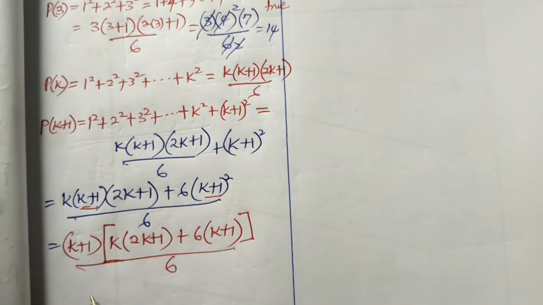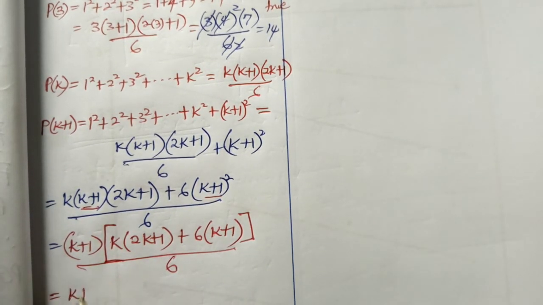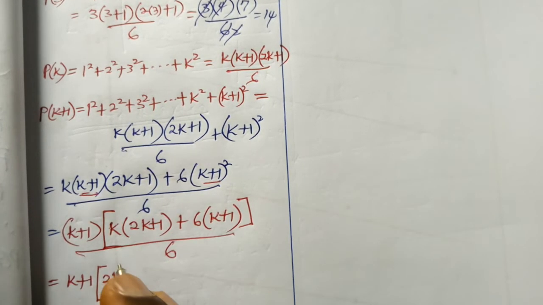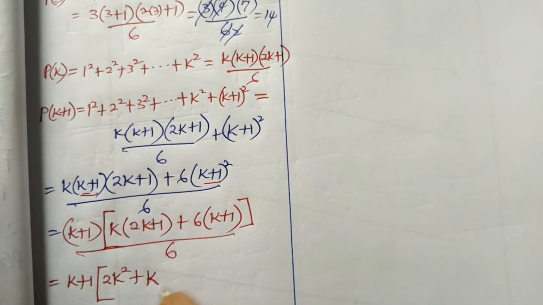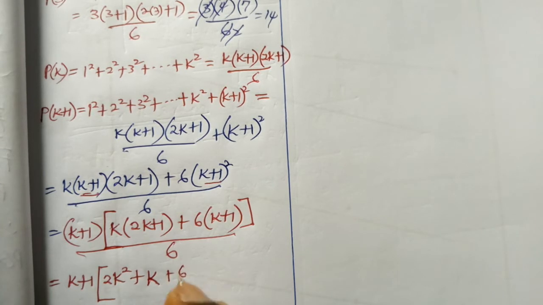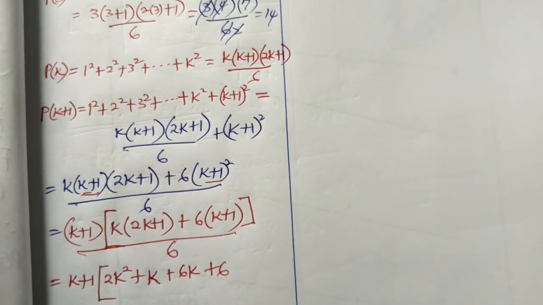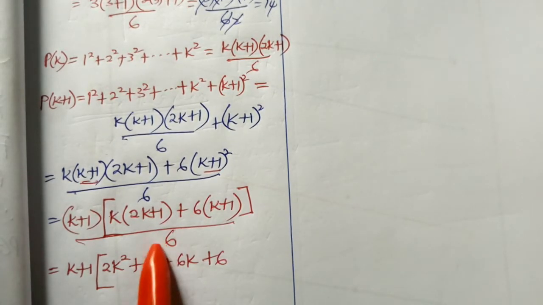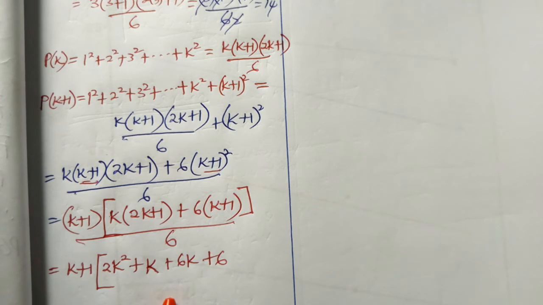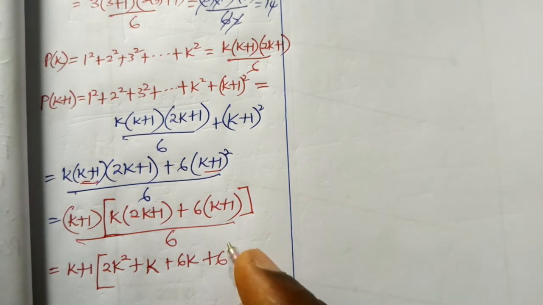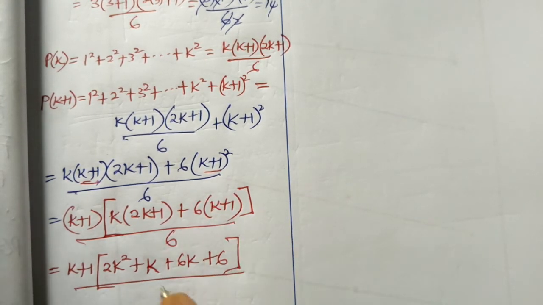If we multiply it out, we will have k plus 1 into 2k squared plus k plus 6k plus 6, all over 6.